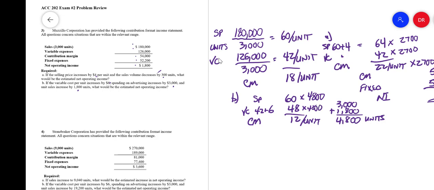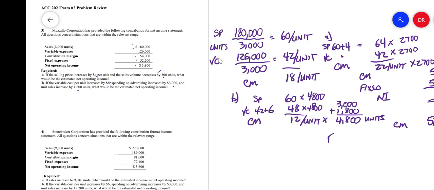But the real shortcut in the incremental analysis that we're going to use going forward is just to take the contribution margin times the number of units that we're changing to and create a new contribution margin. In this case, the new contribution margin will be 57,600.